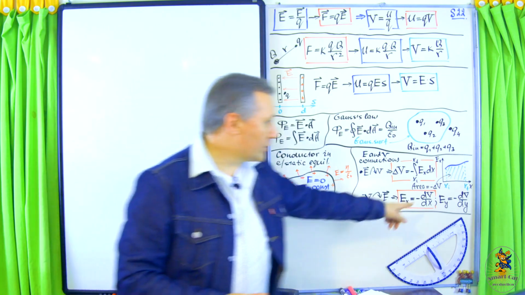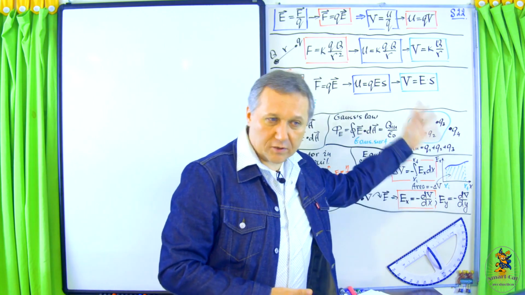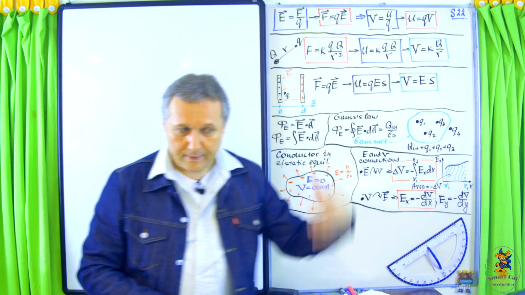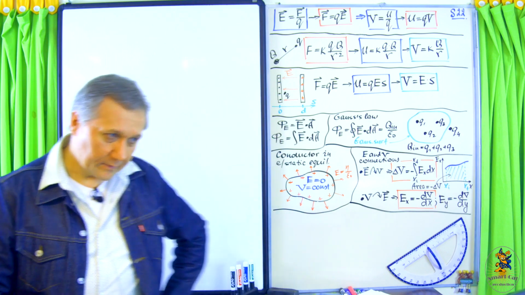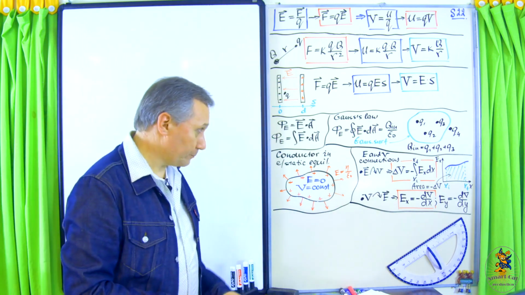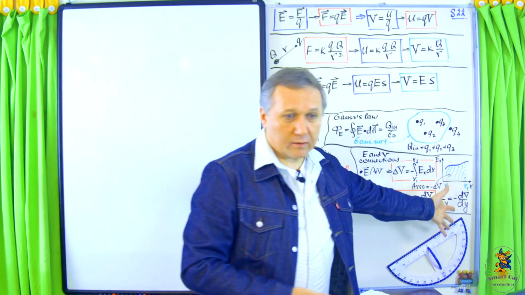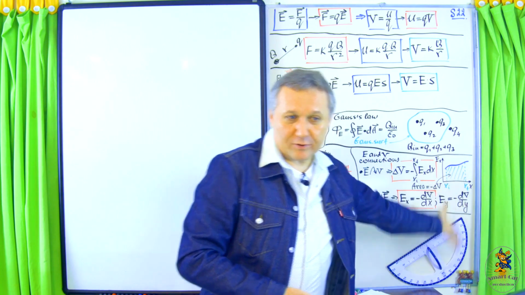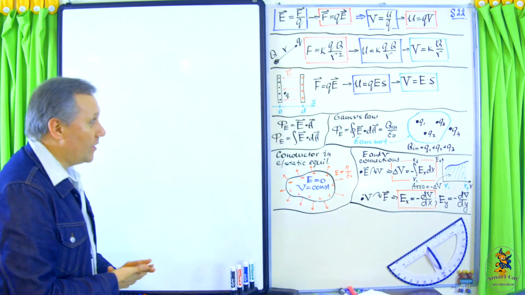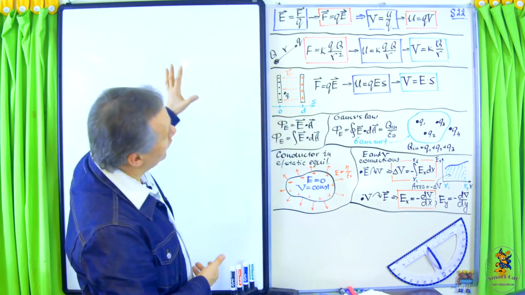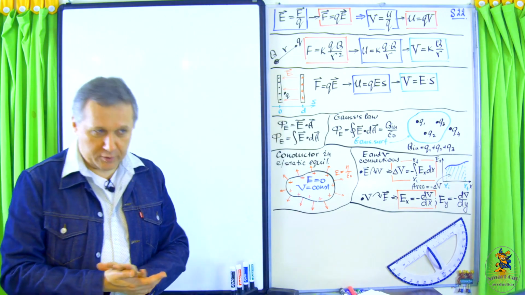Or if you have V as a function of x, just differentiate it and put a minus in front, and that will be the expression for the electric field. If you also have dependence on y, differentiate with respect to y and add a minus. So pretty much that's what we need for the first midterm exam.